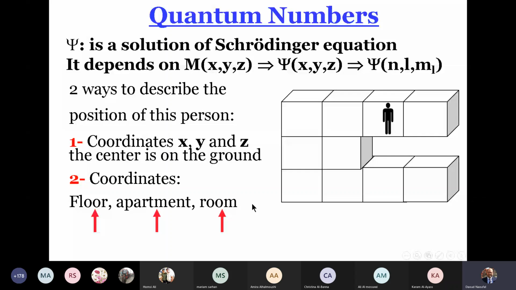So we pass from X, Y, Z to N, L, ML, and I will add another coordinate which is MS. So now the position of the electron in the atom is not located according to X, Y, Z. As a conclusion, it's easier to read this position according to coordinates N, L, ML, and MS, and these coordinates are called the quantum numbers.